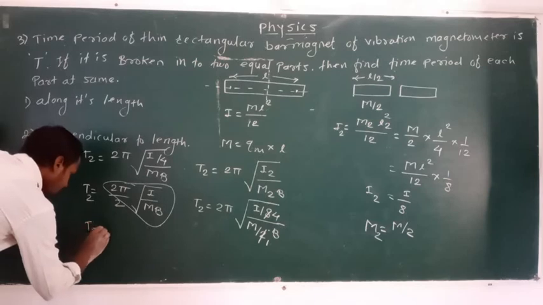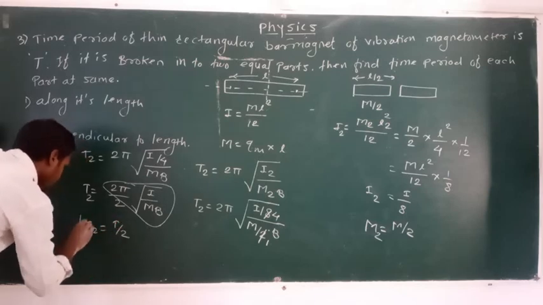Then we can write T2 is equal to T divided by 2.